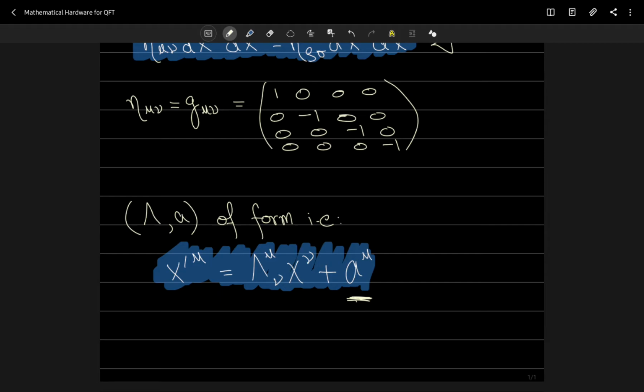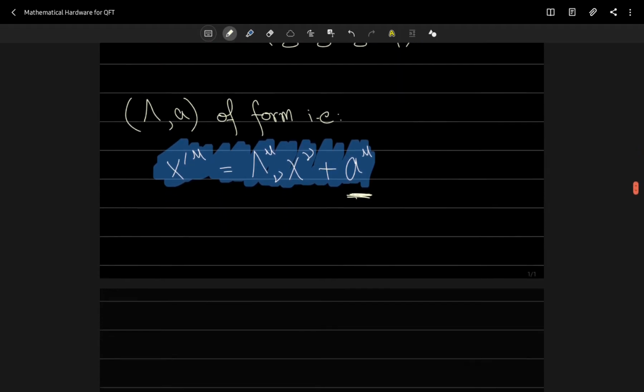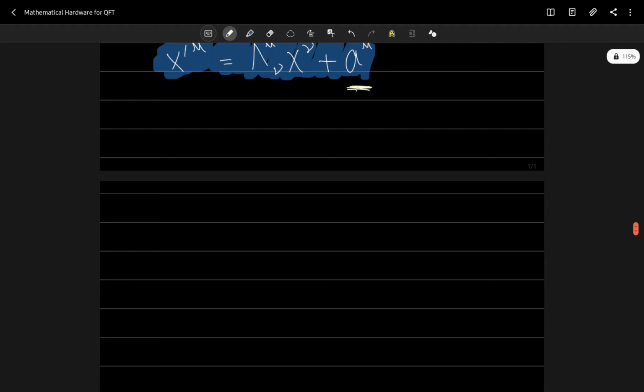Note over here that the Lorentz transformation must satisfy a condition. Let me first write it down in index notation: eta mu nu lambda mu rho lambda nu sigma is equal to eta rho sigma.